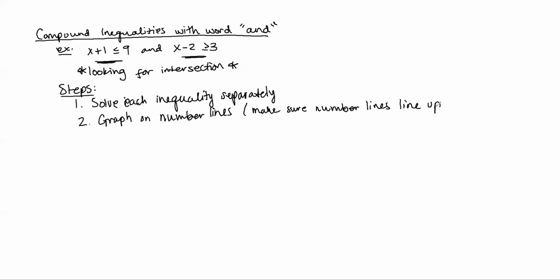We'll see what that looks like in an example. You can always just put them on one number line too. You just have to be careful doing it that way so that you don't cover one of the graphs up.